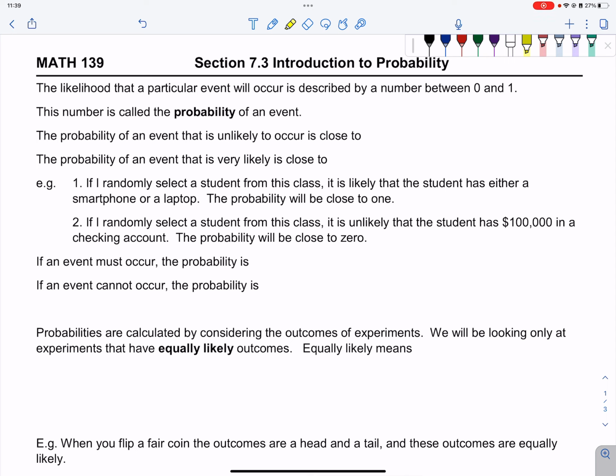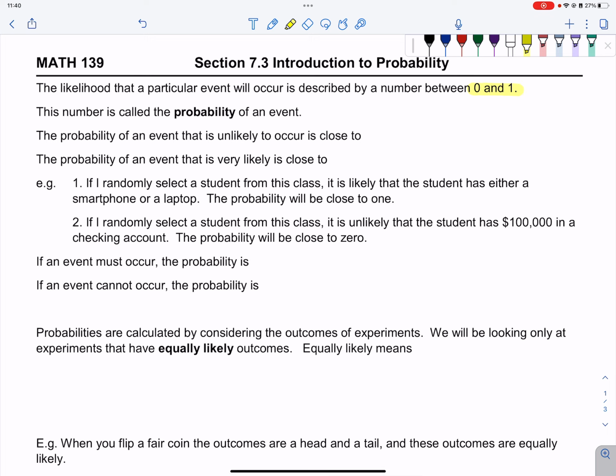So in 7.3, we are going to be working through probabilities, and we're going to start off with a lot of definitions here with our probabilities. So probability is the likelihood or the chance that something is going to happen, and we describe it by saying it's a number between 0 and 1.